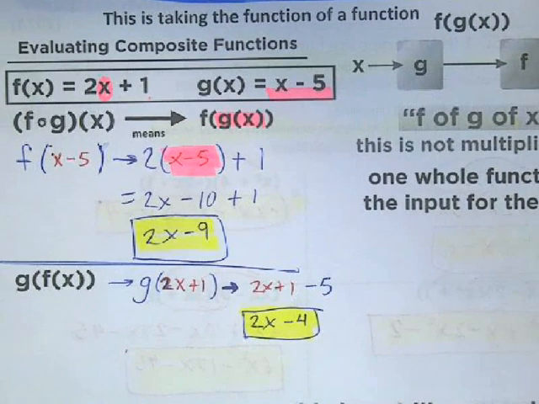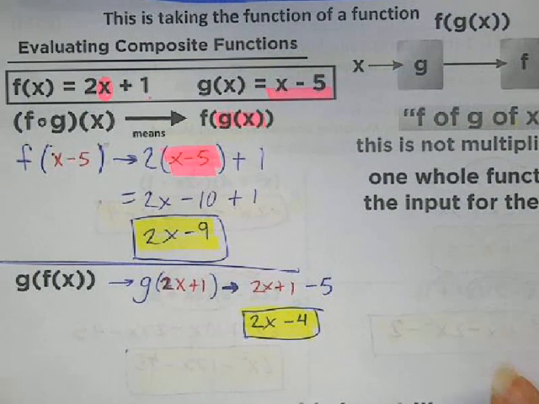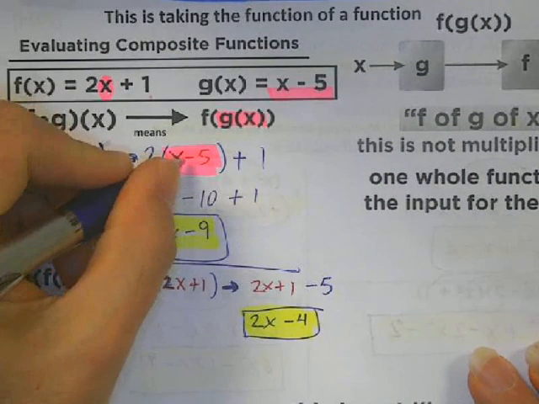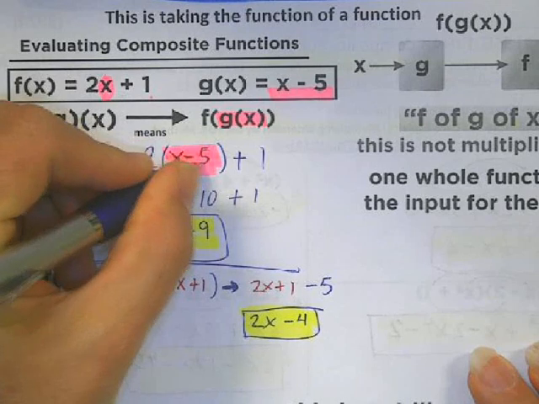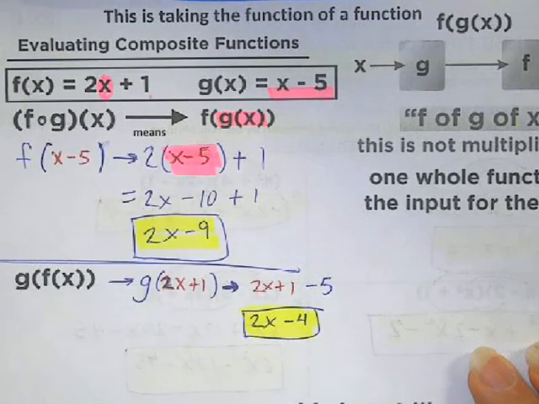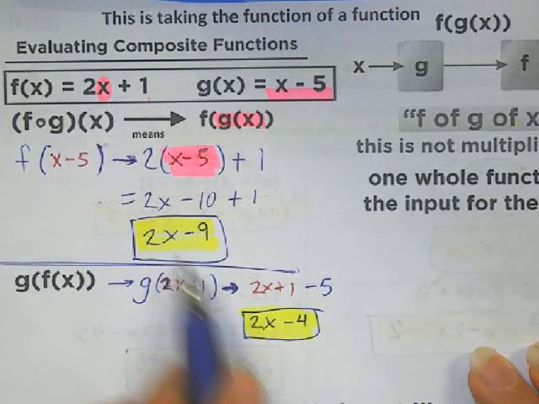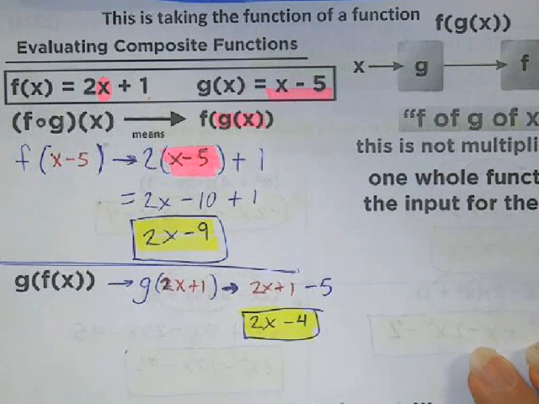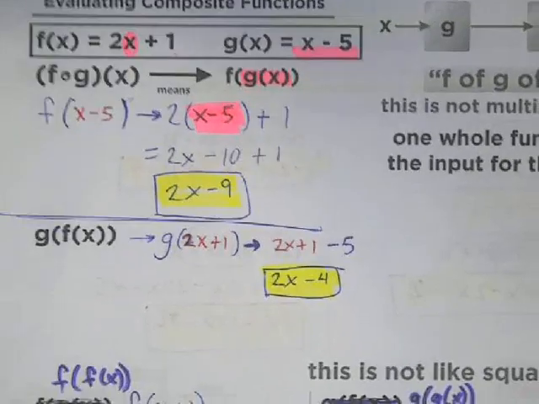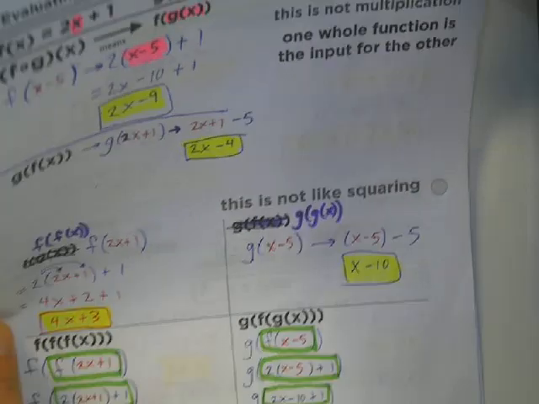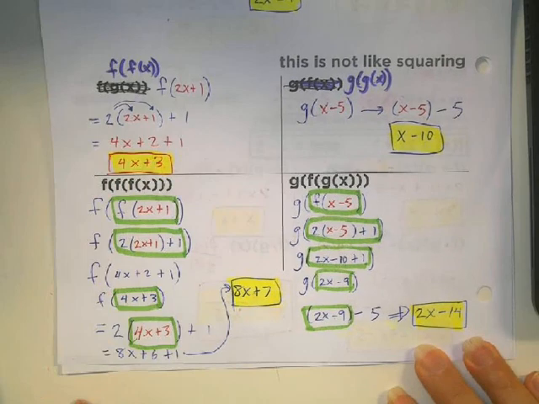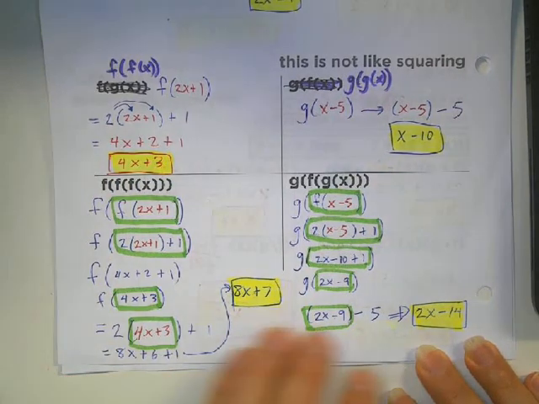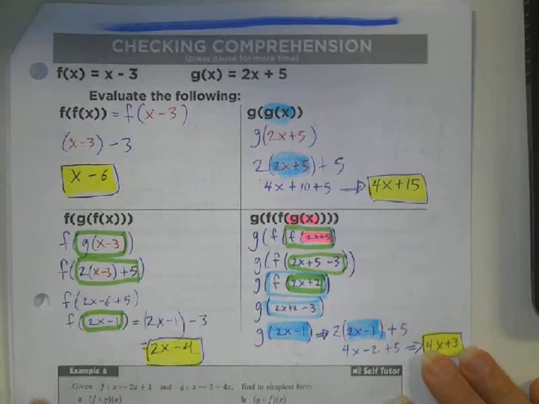That's what we do when we're doing a composite function. And now I can simplify it. Okay, distributive property with a 2, and then simplify. Like I said, watch Professor Dave Explains. If you want to check your answers here, hit pause.